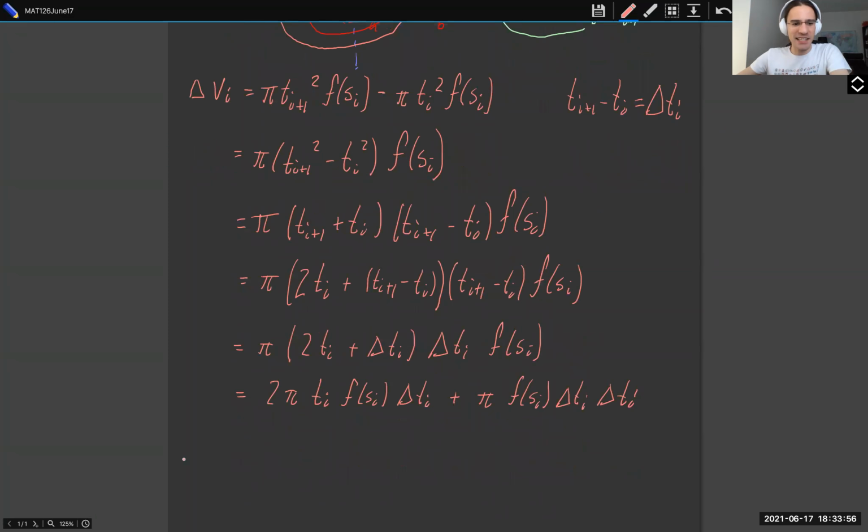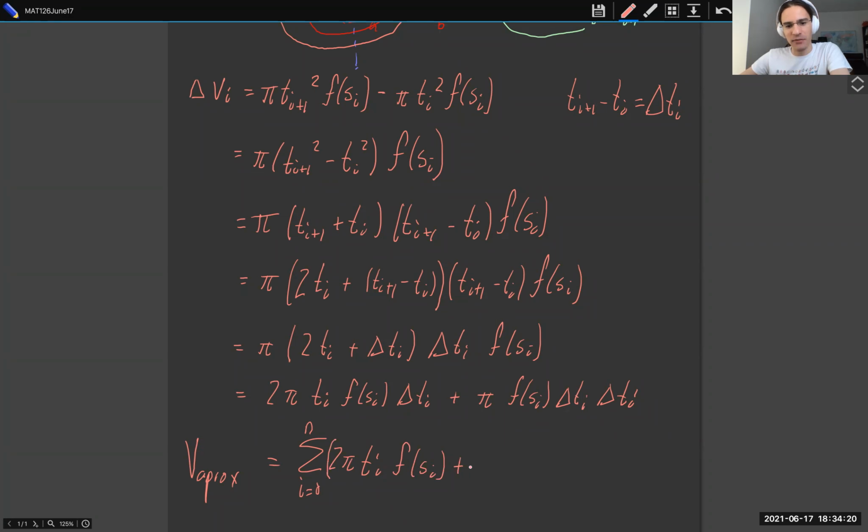So that tells us that the approximate volume is equal to the sum from I equal to 0 to n of 2 pi t sub I f of s sub I. Well, perhaps I can write it like this.